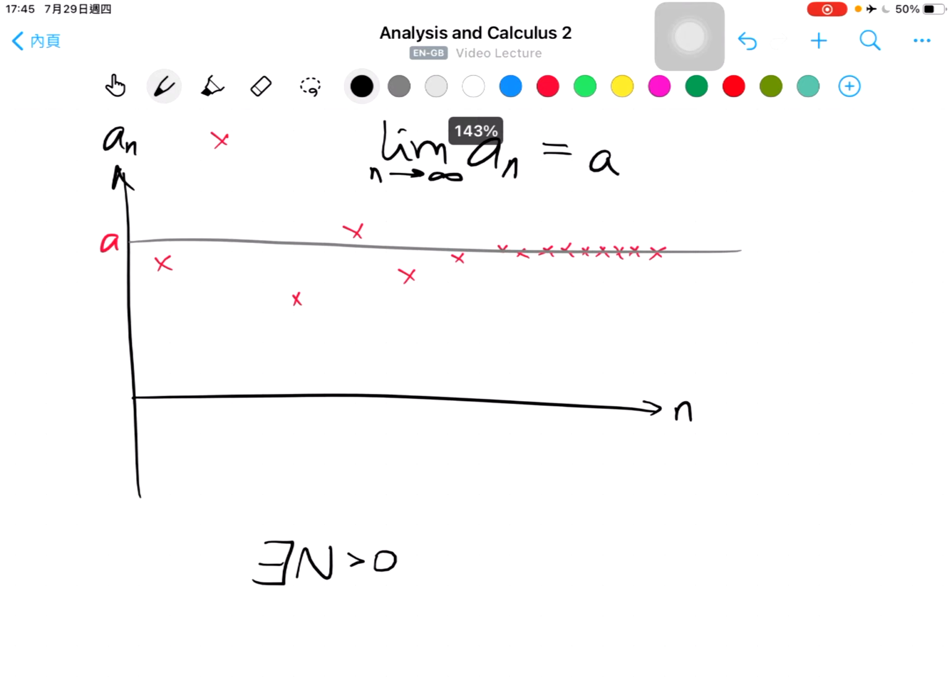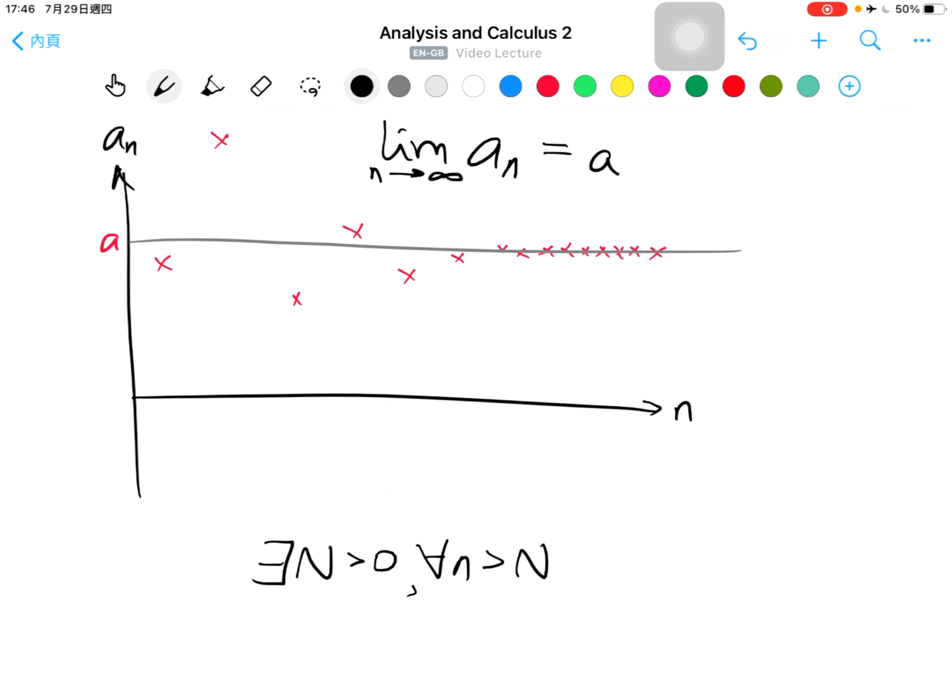If I can find such a capital N, acting as our index, such that when we dump the first N terms, let me rewrite this. If I can dump the first capital N terms, the rest is going to be what? The rest is going to be very close to a. Then I can say the limit is a. The sequence is approaching a, right?